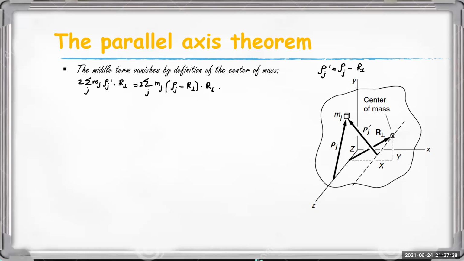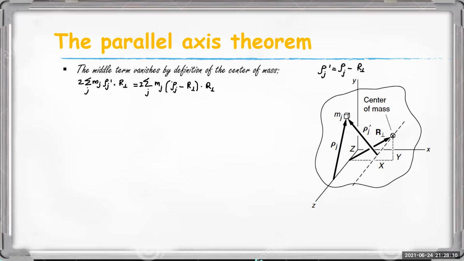That quantity must be equal to 0 when rho j is equal to r perpendicular.